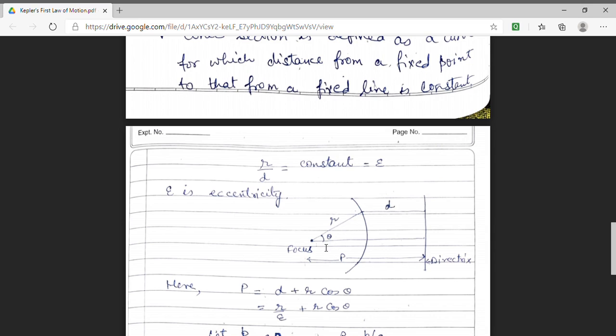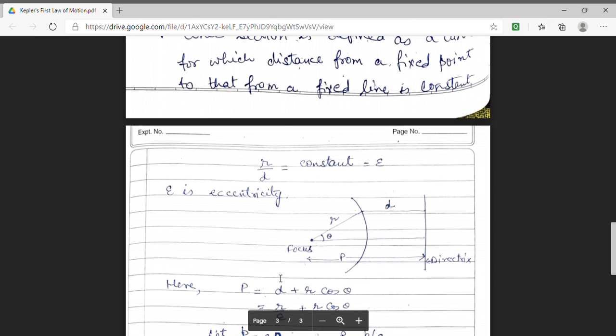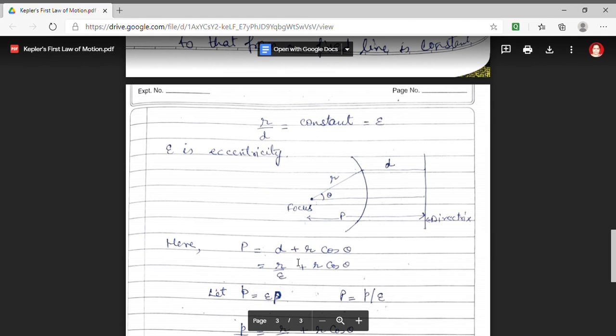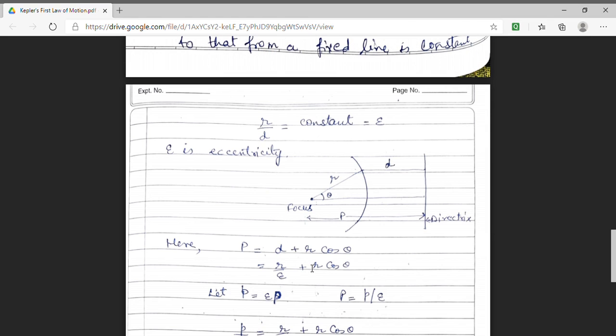The component of r along the x-axis will be r cos theta. So the total distance capital P can be expressed as small d plus r cos theta. The value of small d will be equal to r upon epsilon.